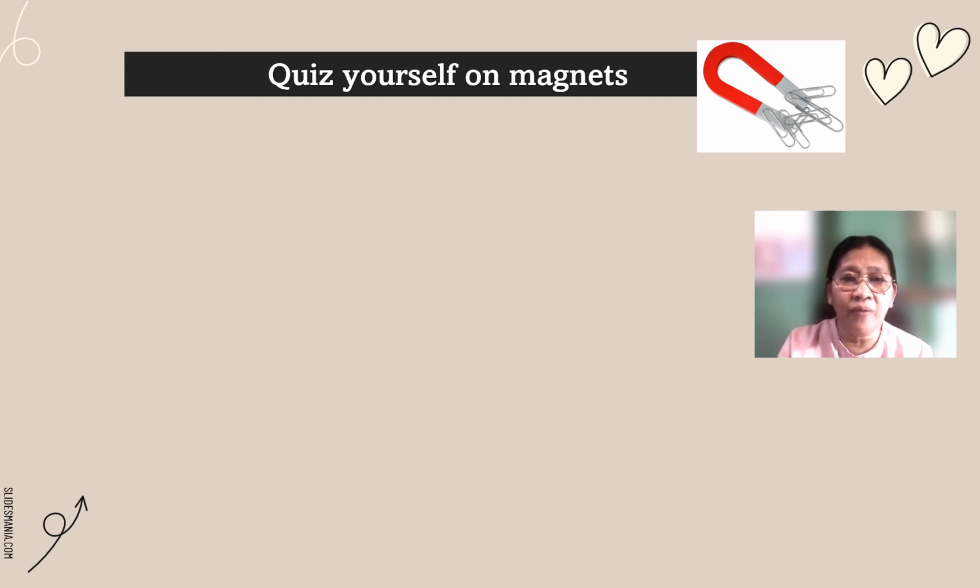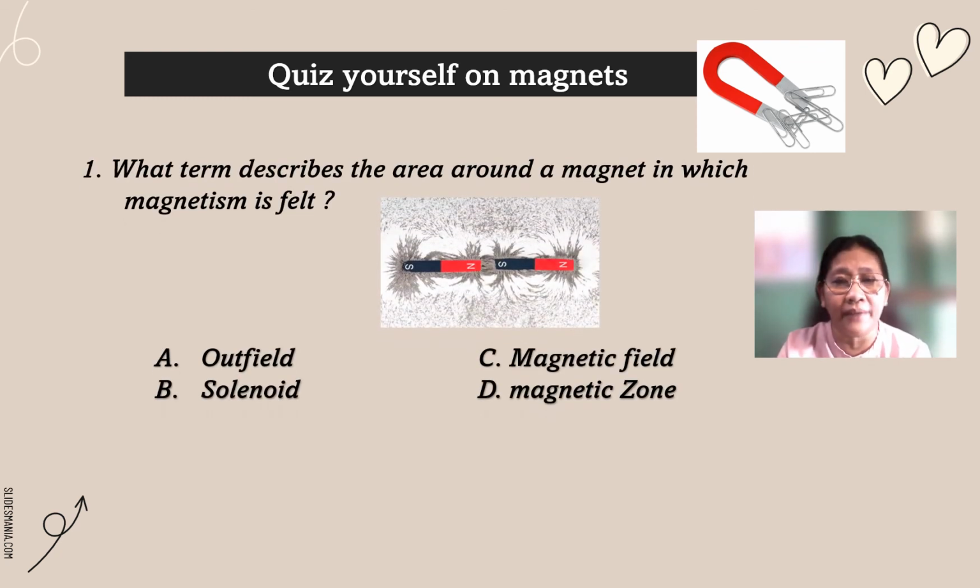Let us now find out what you have learned from our lesson. This is your quiz about magnets. Prepare your notebooks and write down your answers. Question number 1: what term describes the area around a magnet in which magnetism is felt?